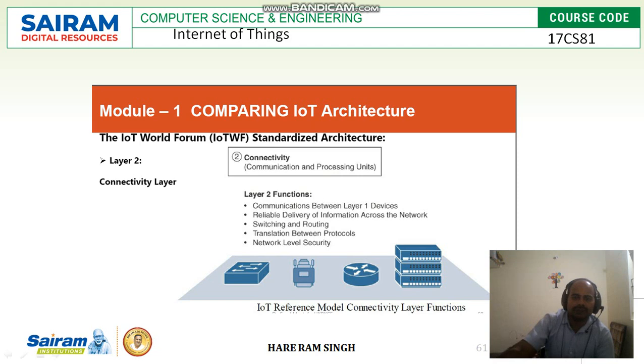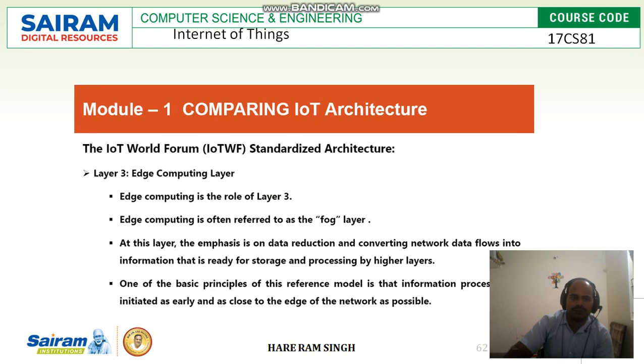So the main points of layer 2 are communication between layer 1 devices, reliable delivery of information across the network, switching and routing, translation between protocols, network level security. These are the main services provided by layer 2.